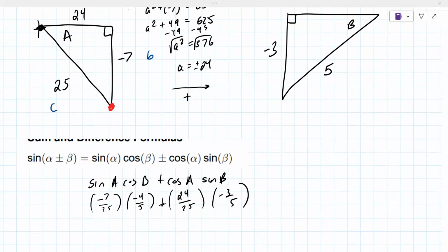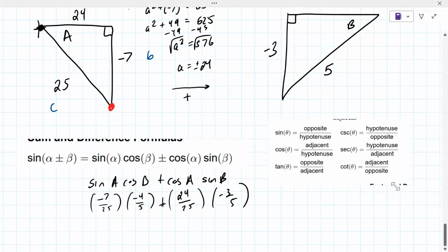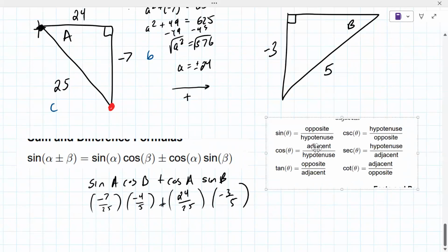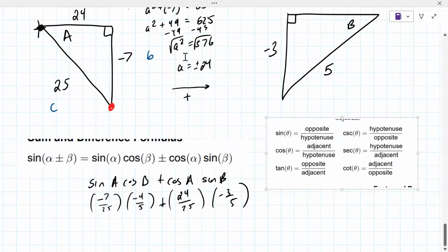Yep, that's exactly it. You're responsible for knowing these, and this was learned earlier in the course. Sine is opposite over hypotenuse, cosine is adjacent over hypotenuse, and so on. That's how you got the sine and the cosine. It really is a synthesis of everything you've been learning.